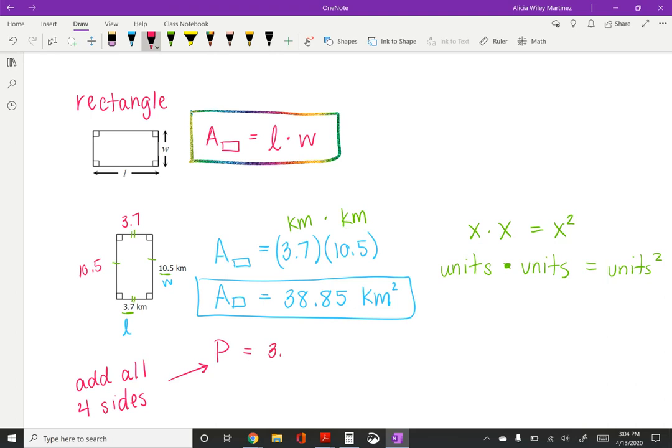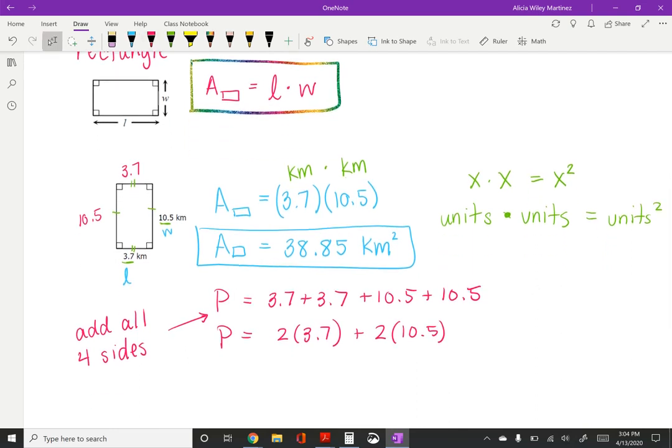You could just do 3.7 plus 3.7 plus 10.5 plus 10.5, and add them all together. The other way you can think of it is you have two of these, so you could do 2 times 3.7 plus 2 times 10.5, which is often the way that the perimeter formula is given to you.